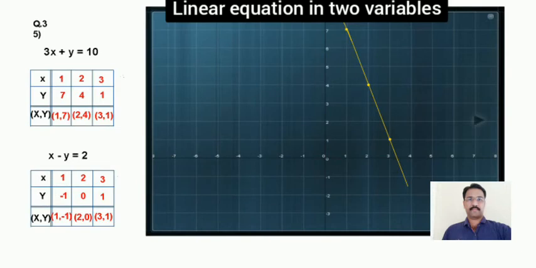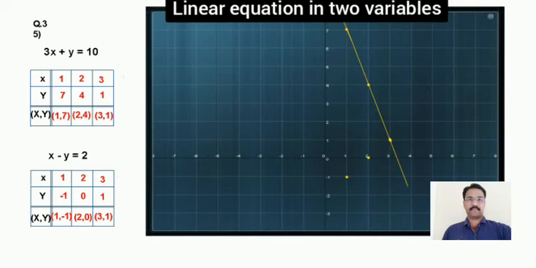Then next, the second one. (1, minus 1) is in the fourth quadrant. Then (2, 0) on the x-axis, then (3, 1), again it is on the same point, which is the answer.